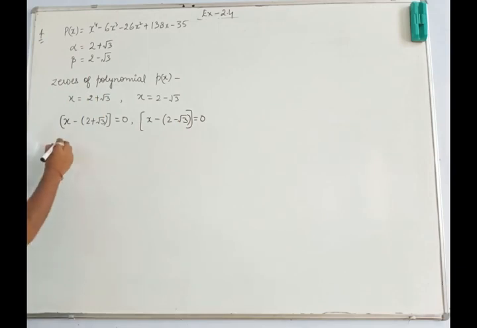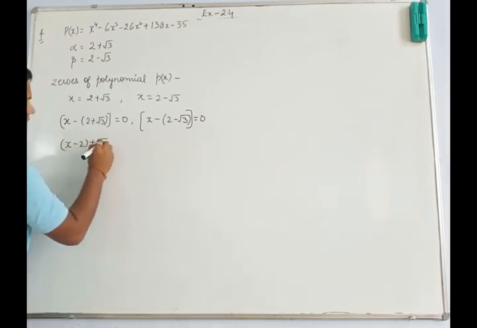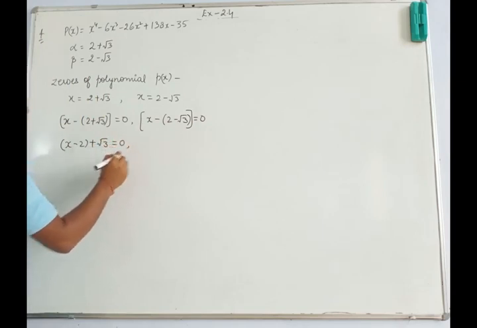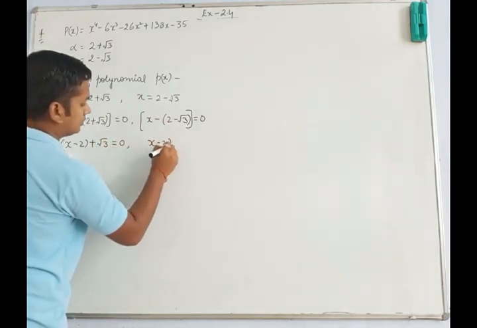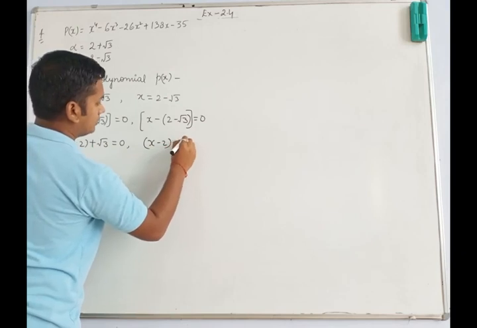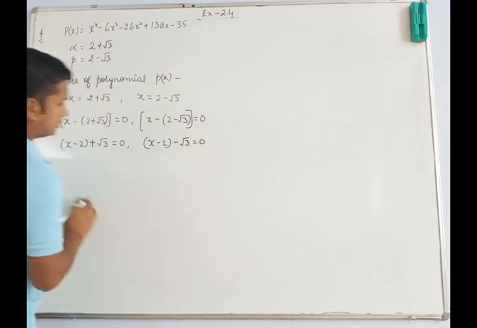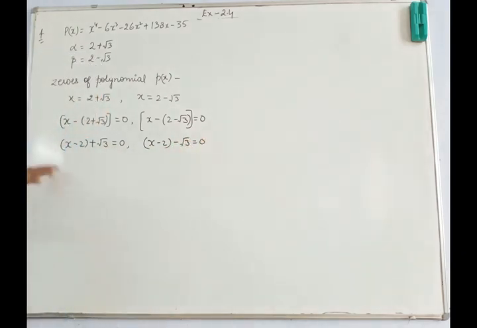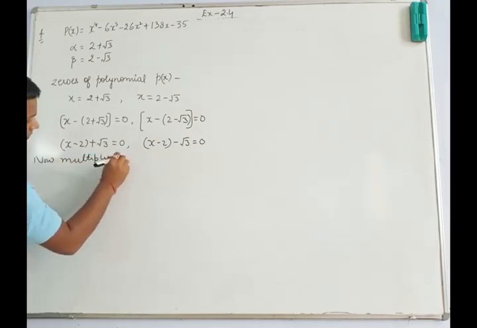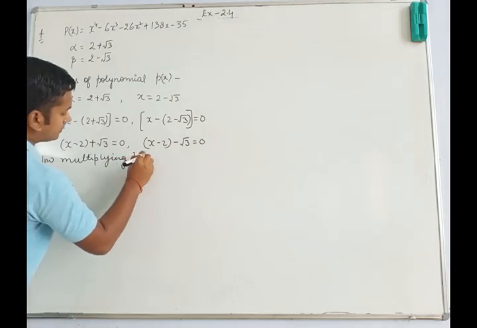Or we can say that x minus 2 plus root 3 equals to 0, or x minus 2 minus root 3 equals to 0. So these two are the factors of this polynomial. Okay, now multiplying the factors.